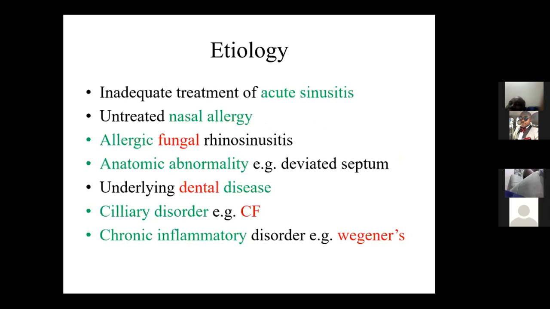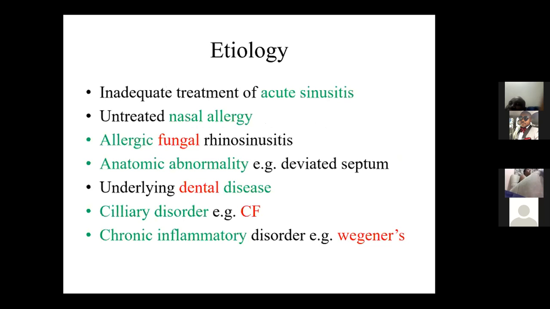Now, for the etiology, inadequate treatment of acute sinusitis, when the patient keeps going and is not given antibiotics.